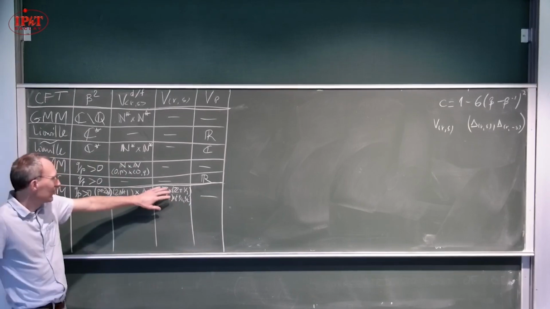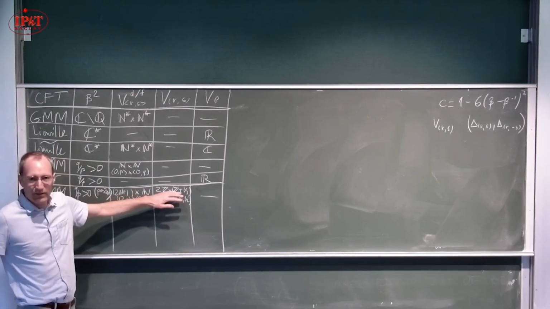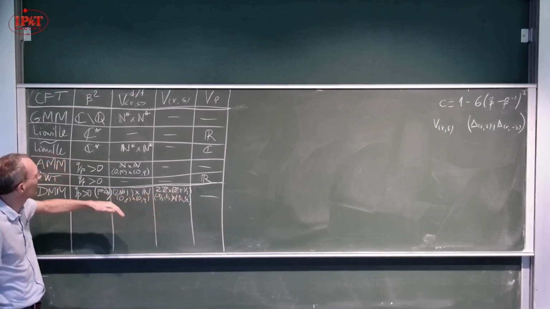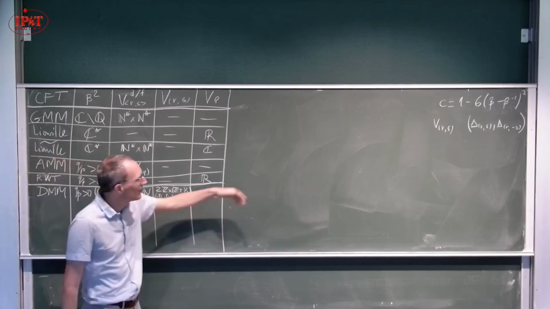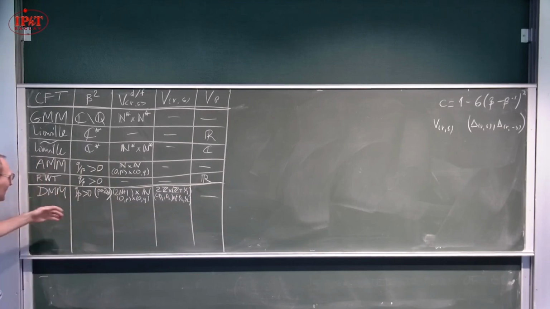So these fields, well, they look like they have non-integer indices, so they don't look like degenerate fields, but nevertheless they are degenerate by some identity of conformal dimensions that exists at rational central charge.